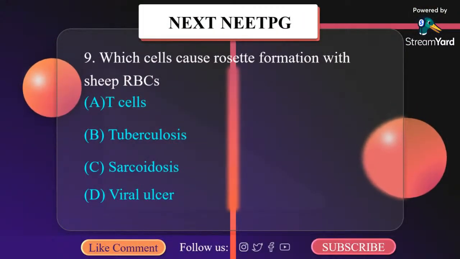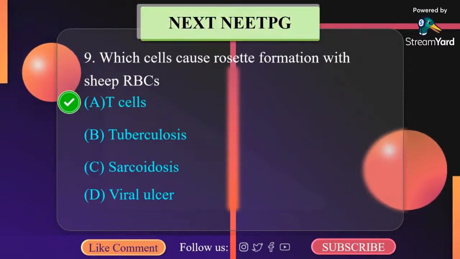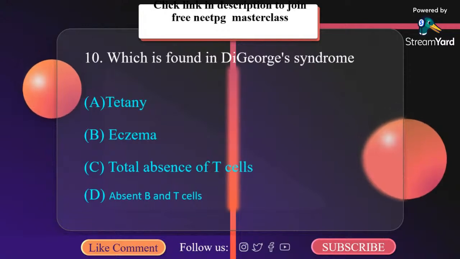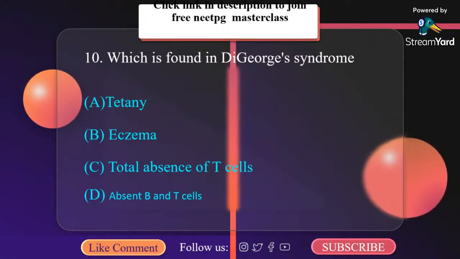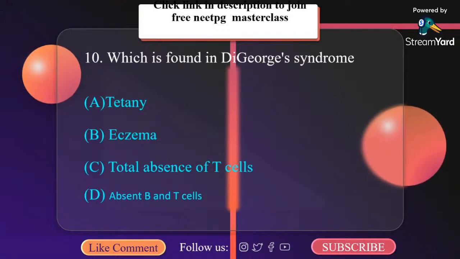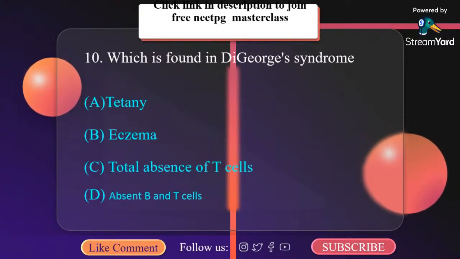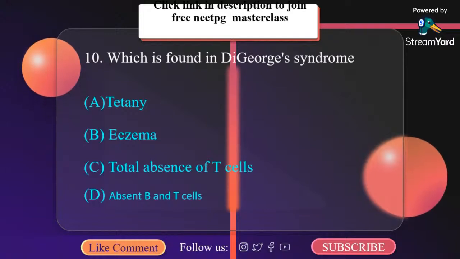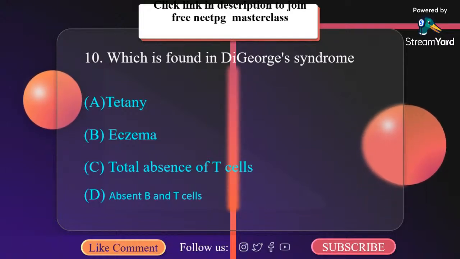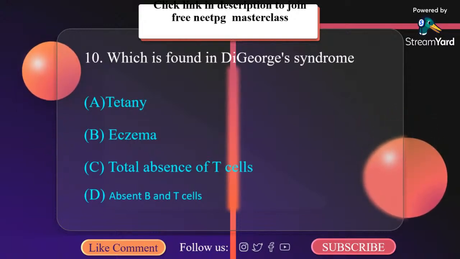Which cell causes rosette formation with sheep RBCs? They are the T cells which cause rosette formation. What happens in DiGeorge syndrome? It is an example of T cell deficiency that results from failure of development of third and fourth pharyngeal pouches. The clinical features are enhanced susceptibility to viral, fungal, that is mucocutaneous candidiasis, and bacterial infection, facial abnormalities, hypertelorism, abnormal ears, short philtrum, and micrognathia.